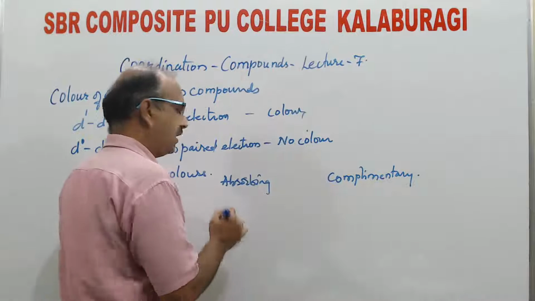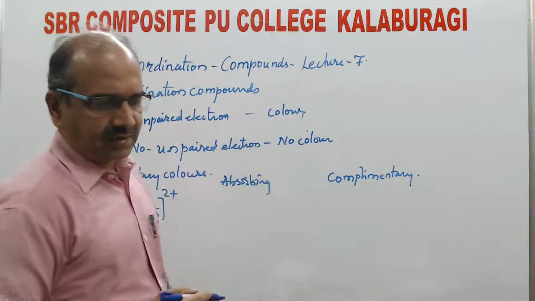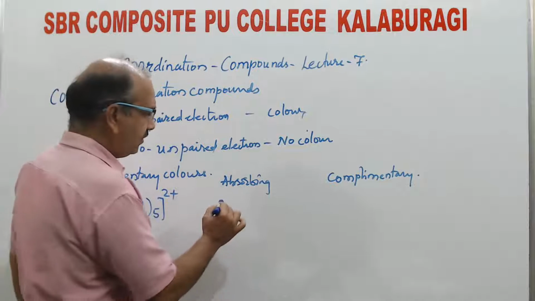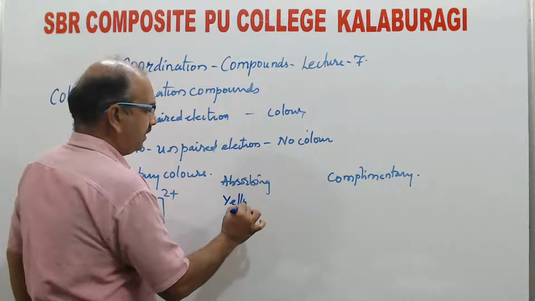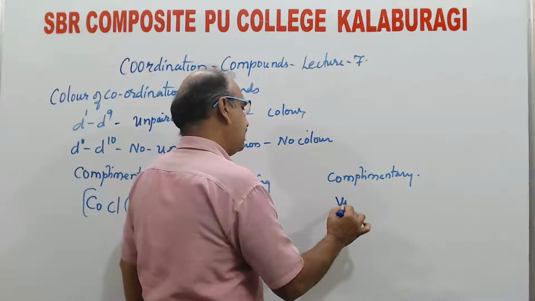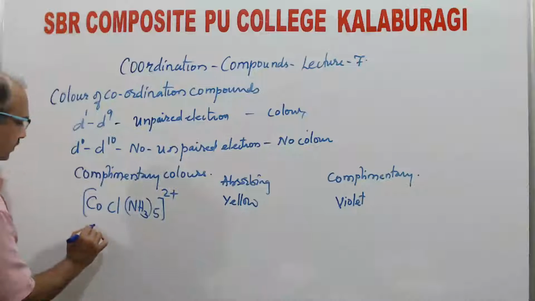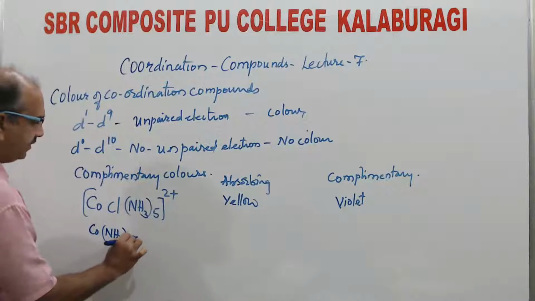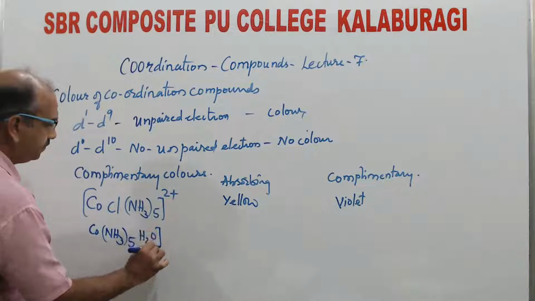So here it is going to absorb the yellow color, and it gives the complementary color. Next, [Co(NH3)5(H2O)].